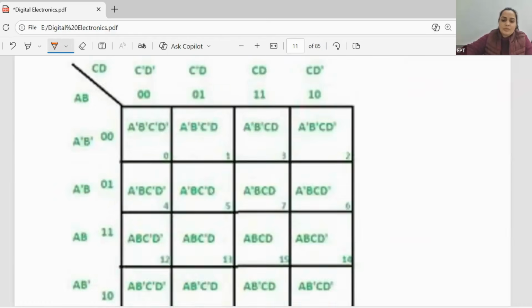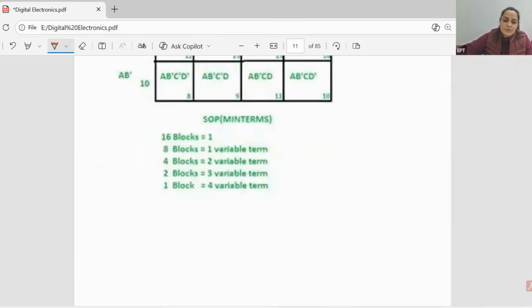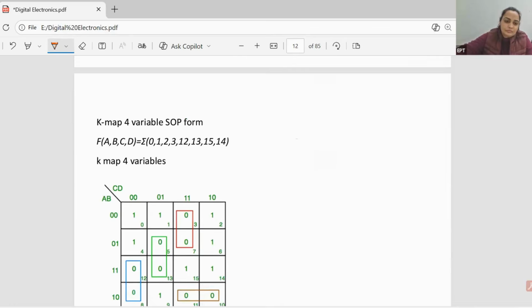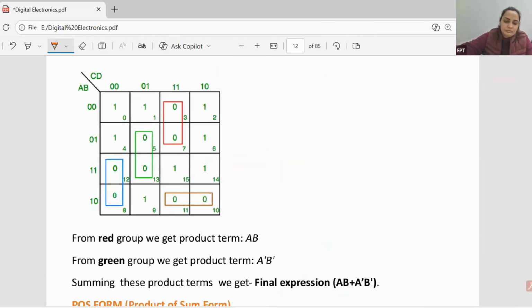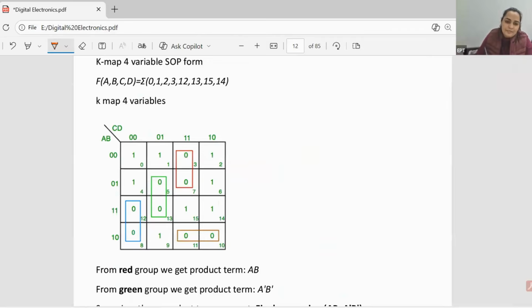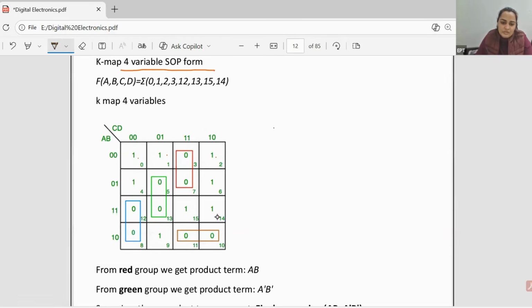This is a 4 variable problem. 0 0, 0 1, 1 1, 1 0, like this. So here you can see we have to write in SOP form. So we will combine the ones 0, 1, 3. We have to combine the ones like this.